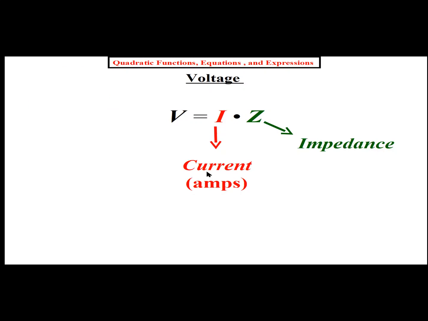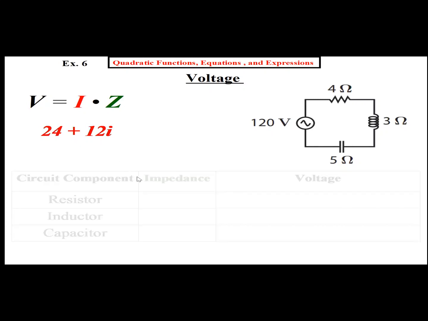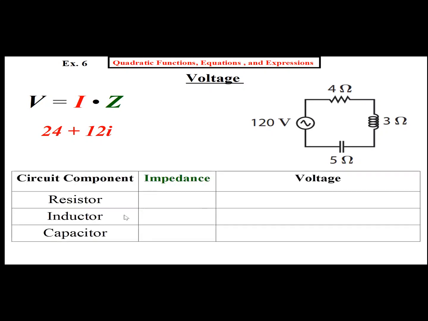Copy this. Example 6, you have the formula, copy this circuit, and then we have in red 24 plus 12I, which is our current that they give us. This is given, and in the homework they're going to give us the current. Then we're going to make a little table like so. First column: circuit component, resistor, inductor, capacitor.